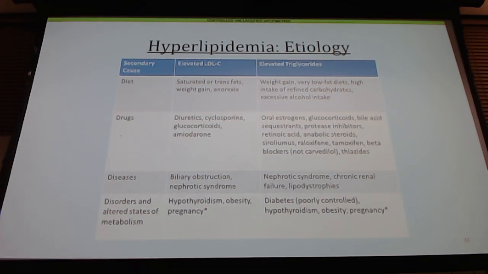And you may be wondering, how or why do some of these conditions tend to cause this? Well, for instance, if you have diet changes like anorexia, anorexia is the consuming of too few calories. You don't think somebody would have high cholesterol if they're not eating enough, right?